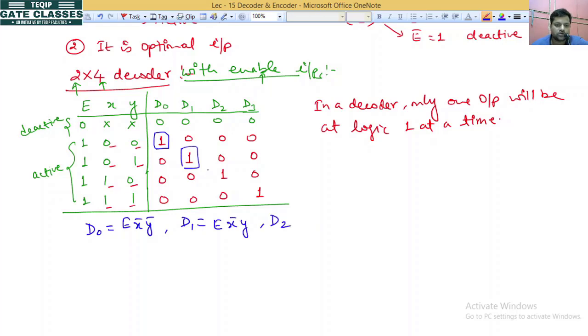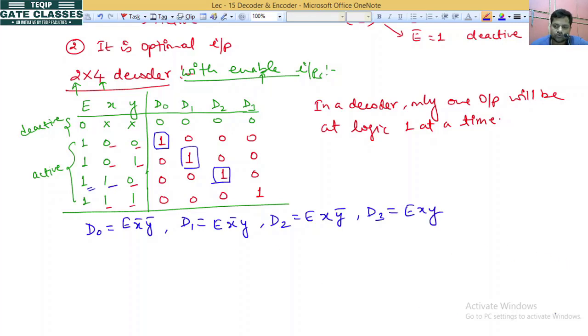For D2, this one, E is 1, and x is 1, and it will be y bar, so E x y bar. Similarly for D3, it will be E x y.